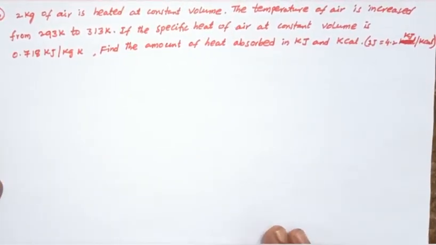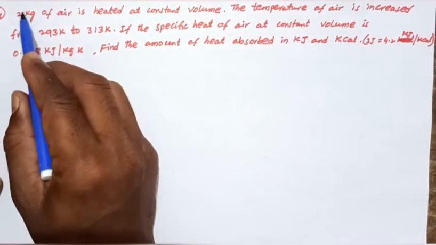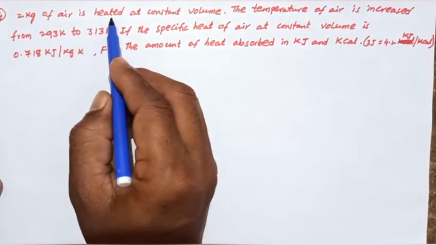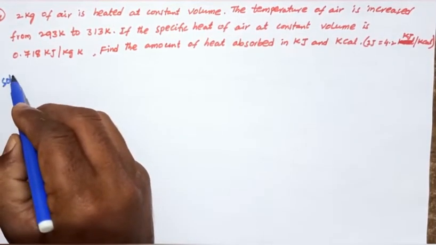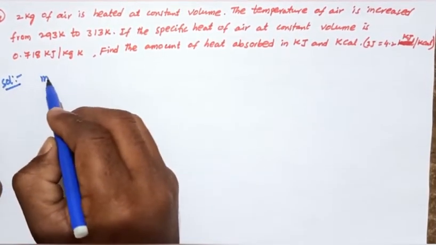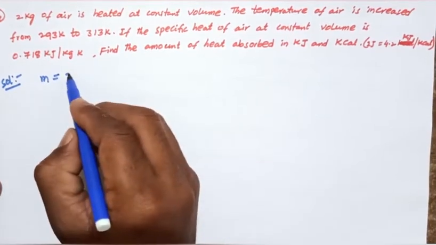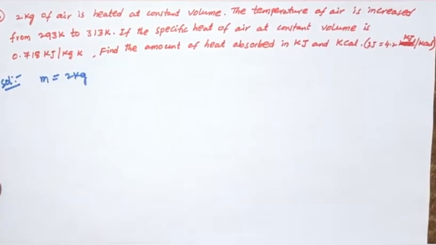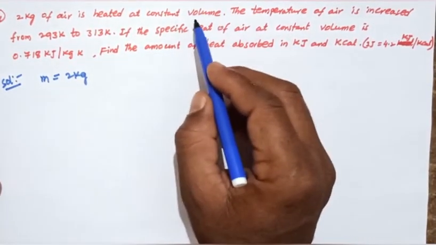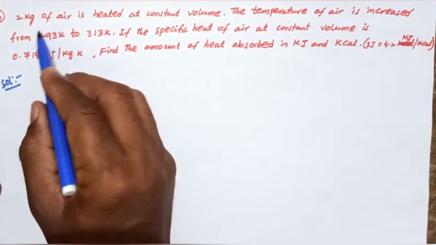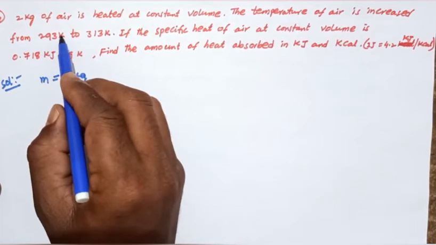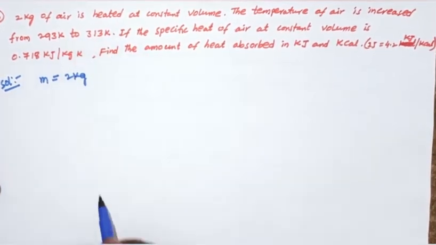Now fourth problem. 2 kilograms of air is heated at constant volume. So here the mass of air is 2 kilograms. The temperature of air is increased from 293 kelvins to 313 kelvins.